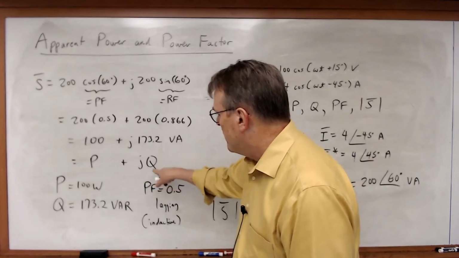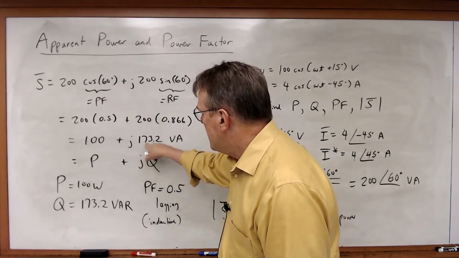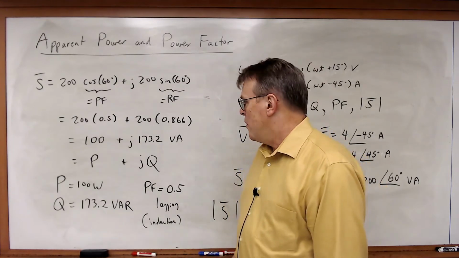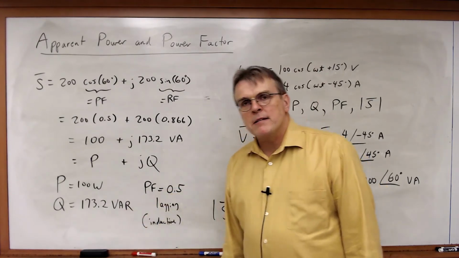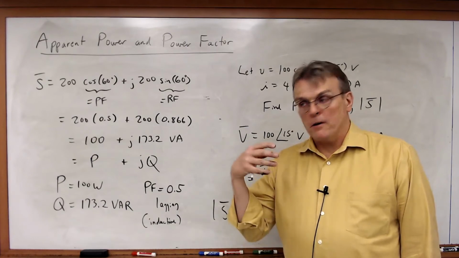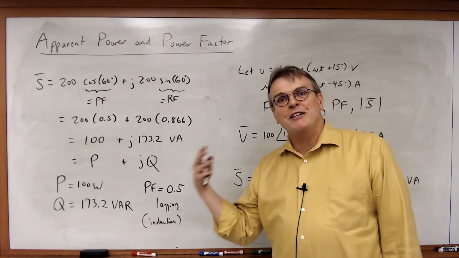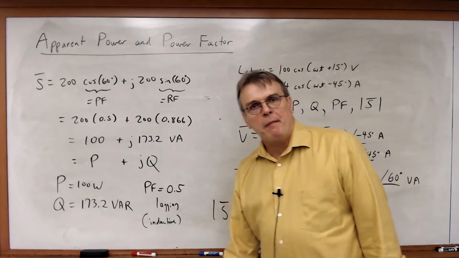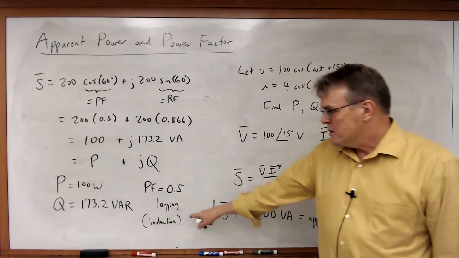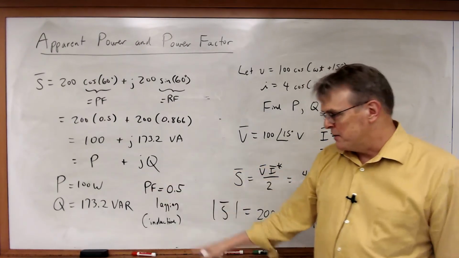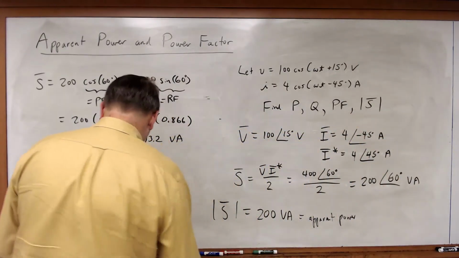Look at Q. Q is positive 173.2. So Q is a positive value. Positive VARs are generated or basically associated with an inductor. Negative VARs with a capacitor. We said that before. So you would think this is lagging, right? It is lagging, it's an inductive load. So this agrees.